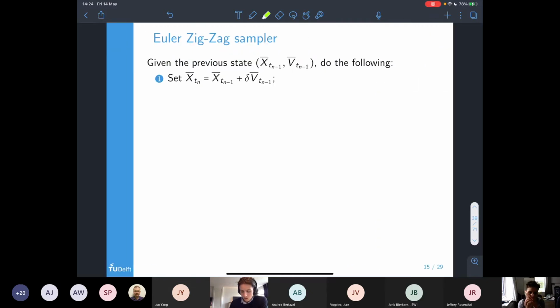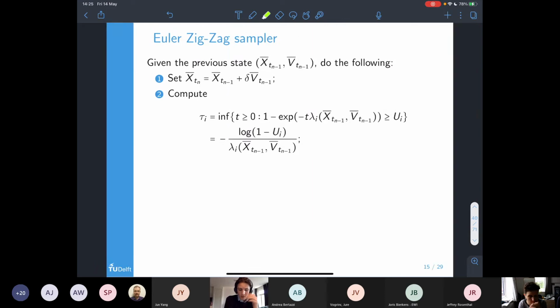Immediately we can compute the position of the Markov chain at the next time step, because as we have seen, the Markov kernel for Zig Zag does not affect the position part. Therefore, this will not be affected by a random jump in any way, because we're just jumping at the end of the time step. Therefore, this is already our definitive position.